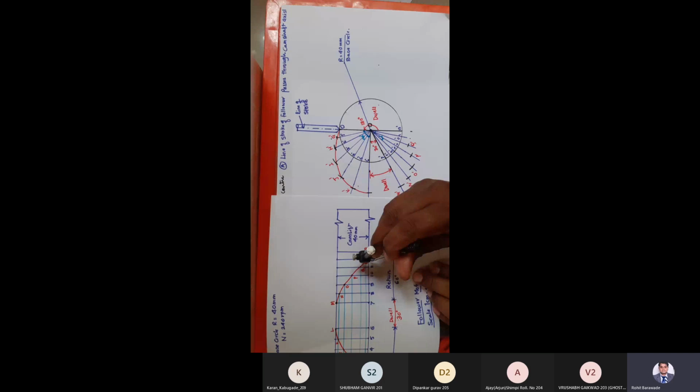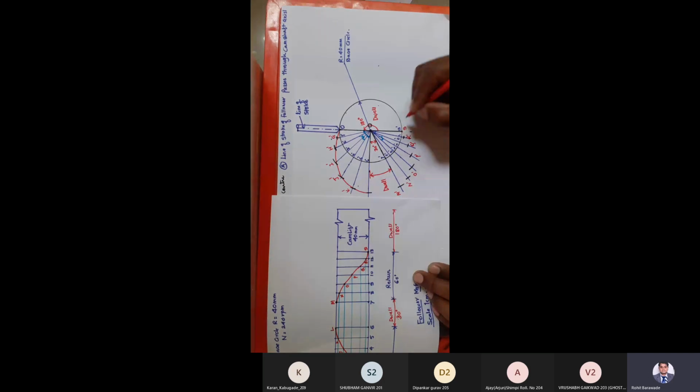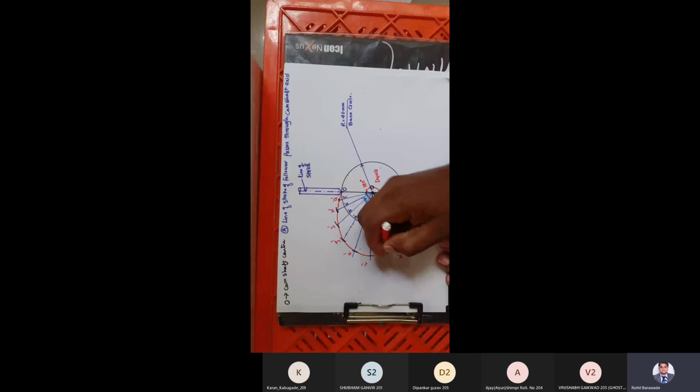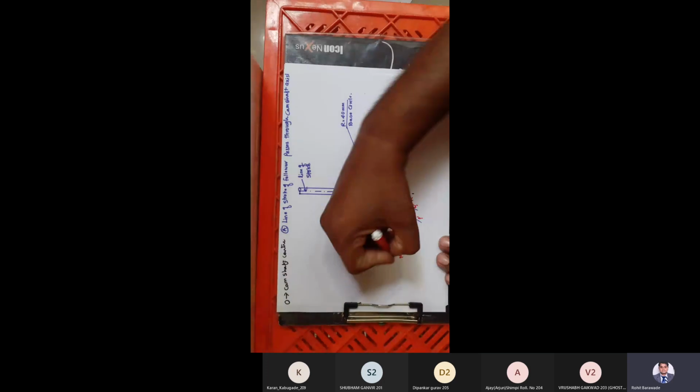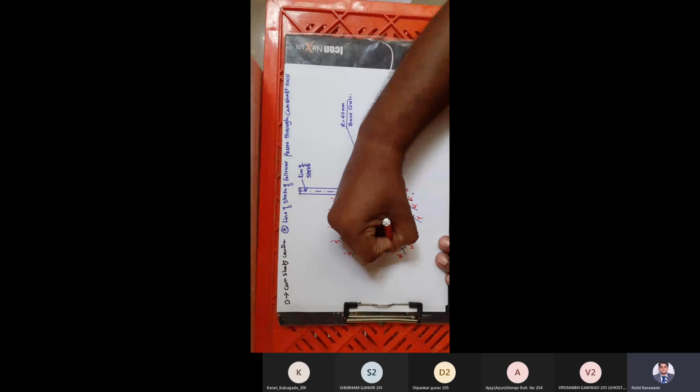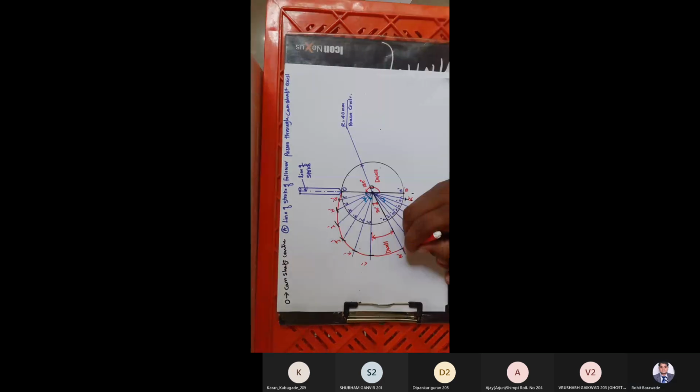Okay, and the last one is S. So I join the whole, from L to M, then L to N. Okay, these are the points.